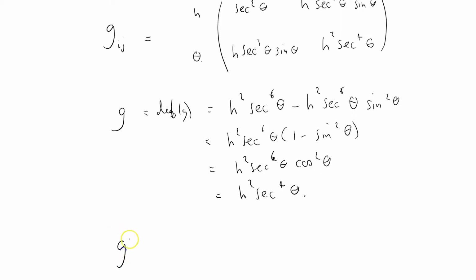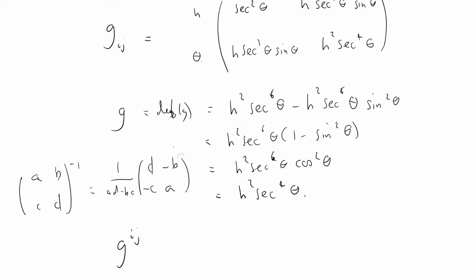So the matrix inverse, g upper ij. Let me just remind myself what the matrix inverse for a 2 by 2 in general is. The inverse of A, B, C, D equals 1 over the determinant, switch and swap the signs, or is it swap and switch? A, B, C, D, that should be a D, and that's minus C there. There we go. So I'll just use that formula.